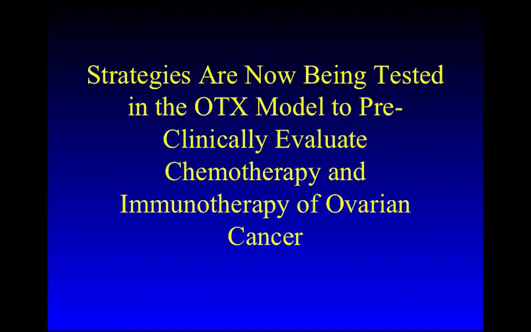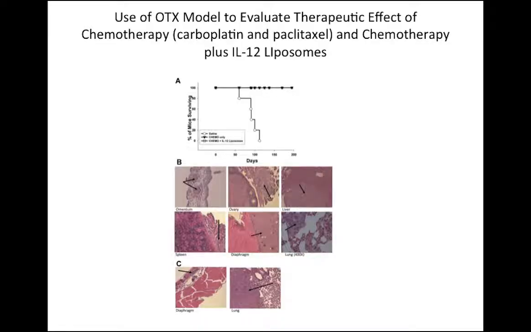So strategies are now being tested to look at and preclinically evaluate chemotherapy and immunotherapy. This is much a work in progress, but this is an interesting early observation we've had, is that if you add chemotherapy, which is the standard carboplatin and paclitaxel, you see here these mice survive well beyond the controls that are now already all dead.